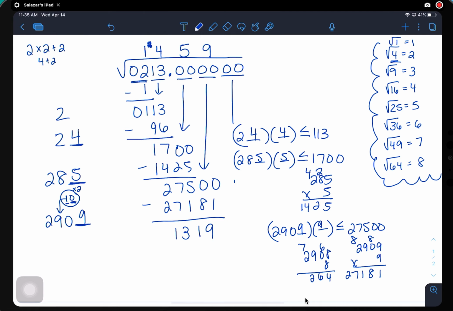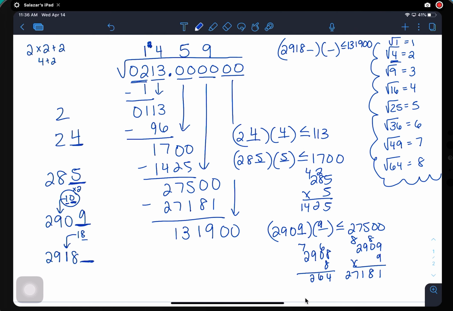I've got one set of zeros more to bring down, so I'm going to do it again. Double 9, we know is 18. So instead of putting that 0, that 1 is going to get added to that place value. And now I have the 8 behind it and my new magic number. So I'm going to come up here since they ran out of room. 2918 something times that same something is less than or equal to 131,900.